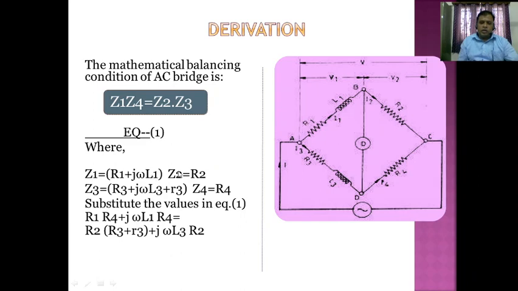Z2 is equal to R2, Z3 is equal to R3 plus j omega L3, and Z4 is equal to R4. Now substituting all these values of Z1, Z2, Z3 and Z4 in equation 1, that is Z1 Z4 equals Z2 Z3, you will get the equation that is written here.